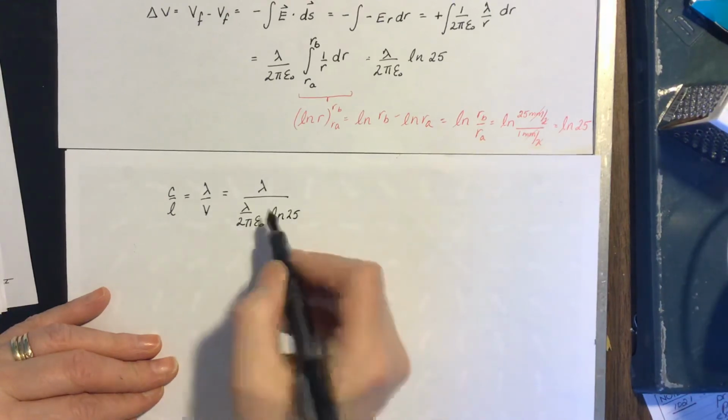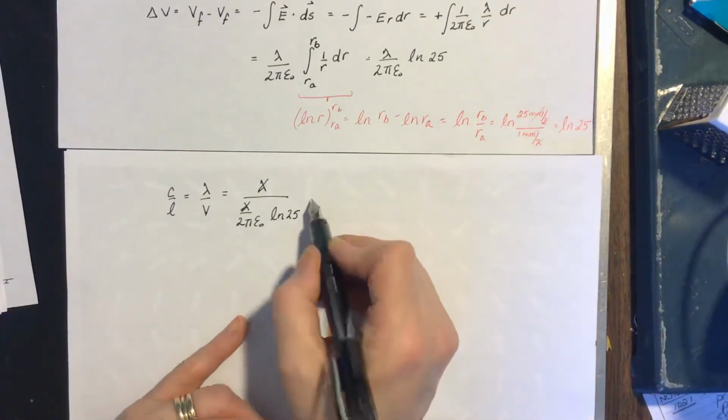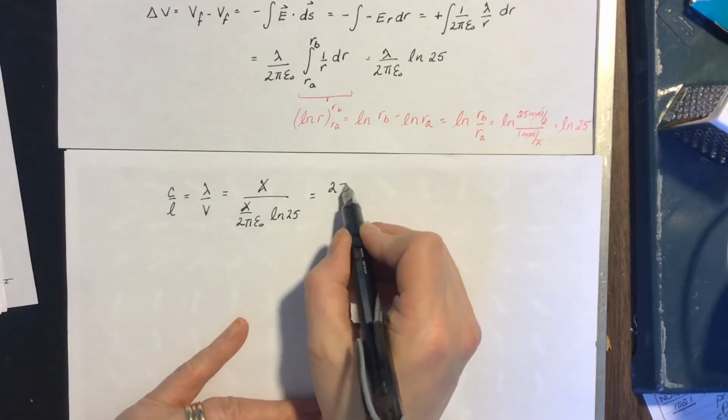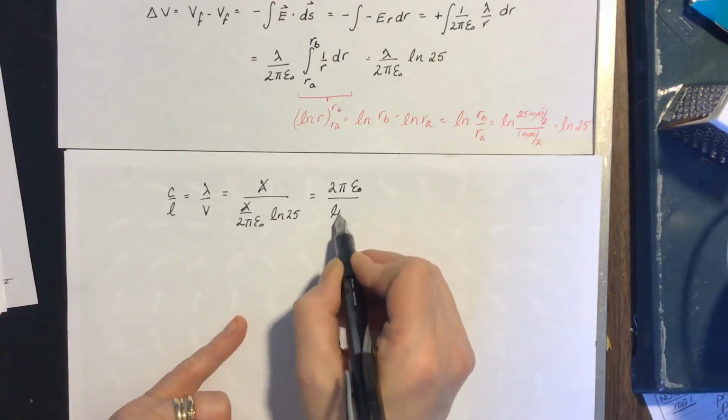We see that the charge density, the linear charge density, actually cancels. We're left with 2 pi times epsilon naught over the natural log of 25.